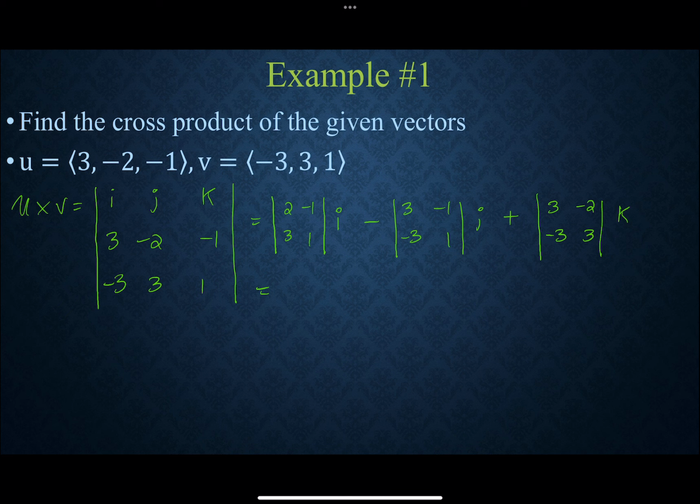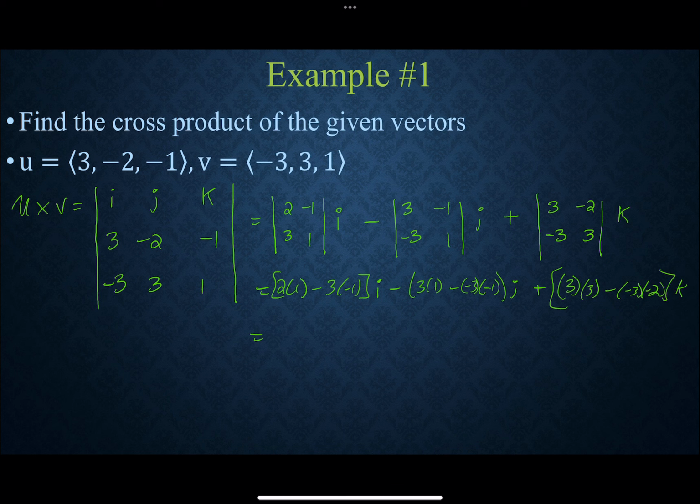Your 2 by 2 determinants are a very simple cross product. So 2 times 1 minus 3 times -1, all multiplied by I. And then minus 3 times 1 minus -3 times -1, all multiplied by J. And then 3 times 3 minus -3 times -2, all multiplied by K.